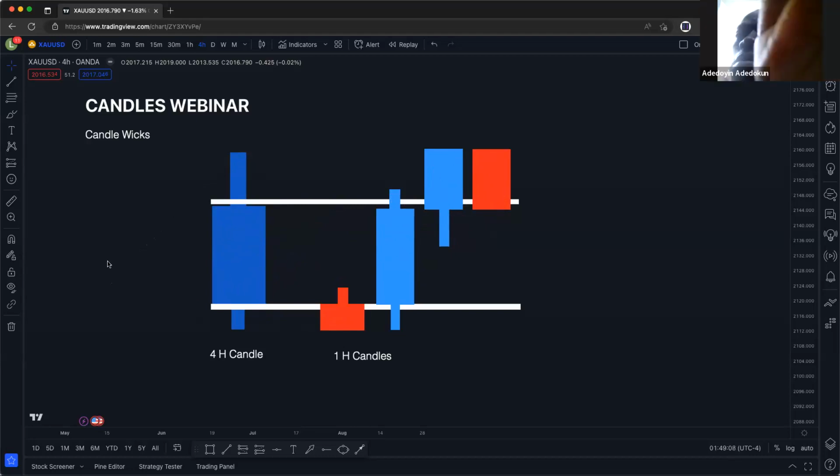It may look like something like this for the next 4 hour to fill. And let's say the next 1 hour is doing something like this. The next 1 hour creates this bottom wick first, right? Creates this bottom wick right here.